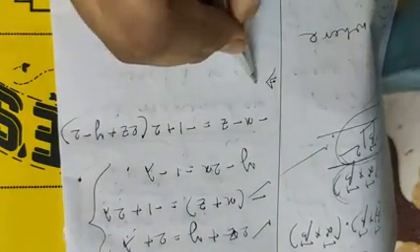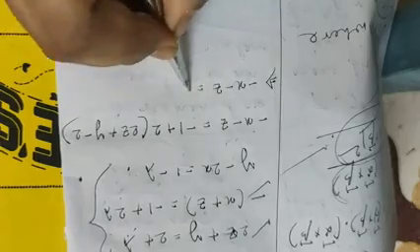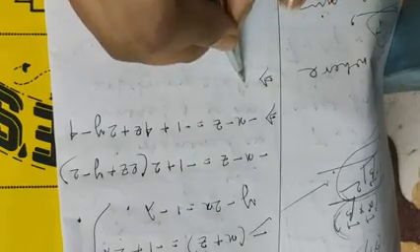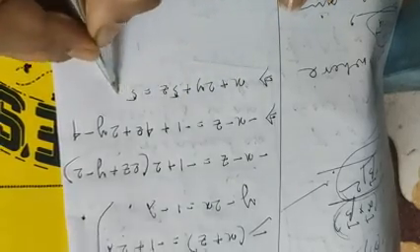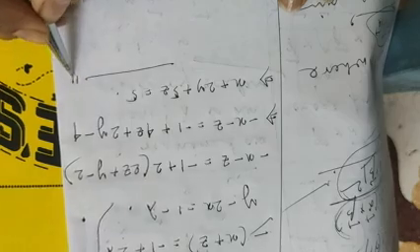Now open the bracket: minus x plus z equals minus 1 plus 4z plus 2y minus 4. That means x plus 2y plus 3z equals 3. Number it as equation number 2.